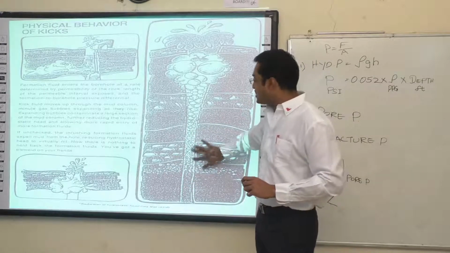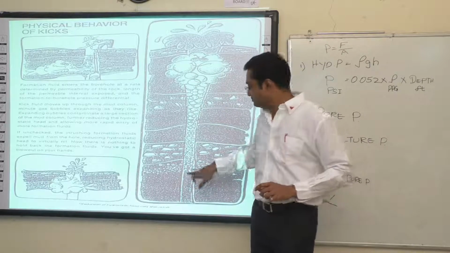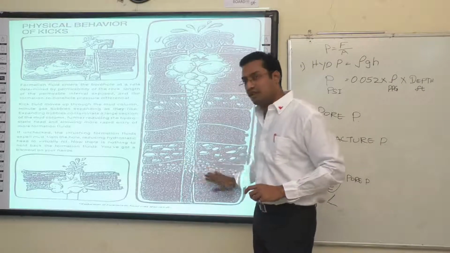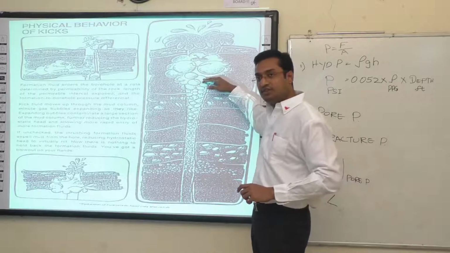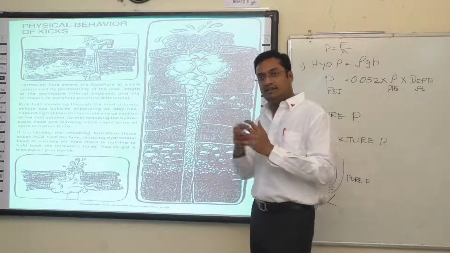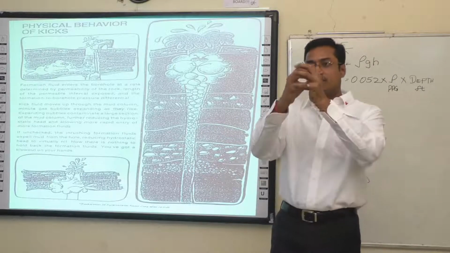When you are allowing the gas to expand, the hydrostatic pressure starts reducing, inviting more kick. When you close the surface, you are not allowing the bubble to expand, so it is going to come up the same way.